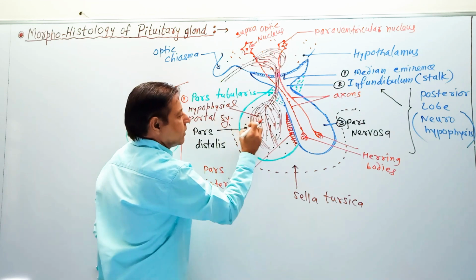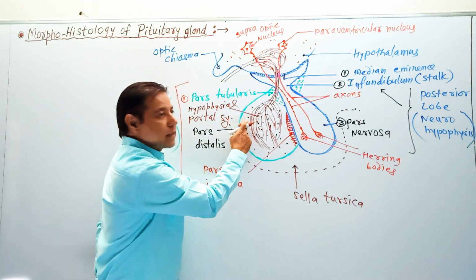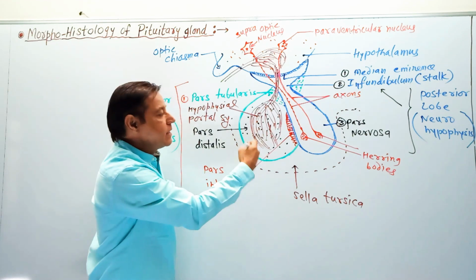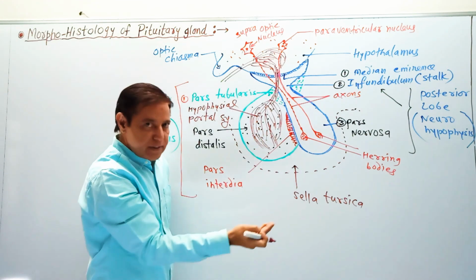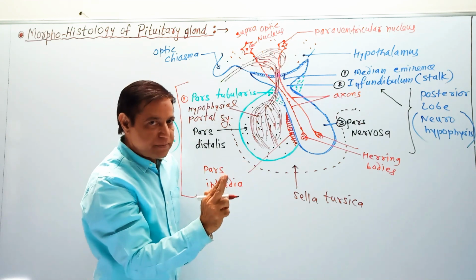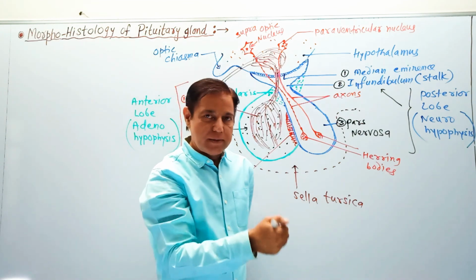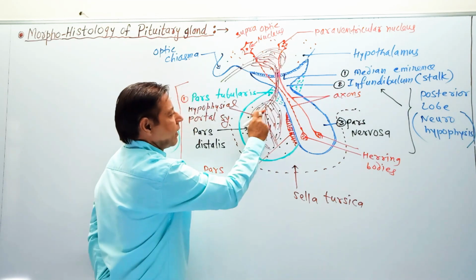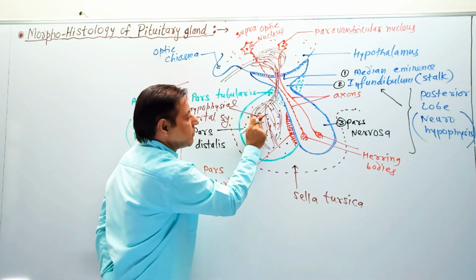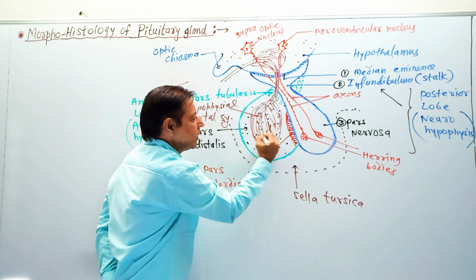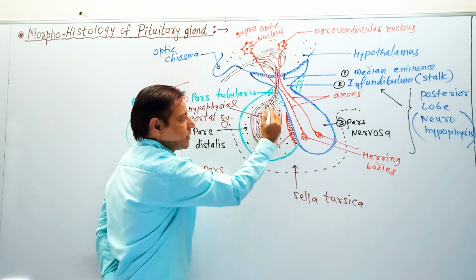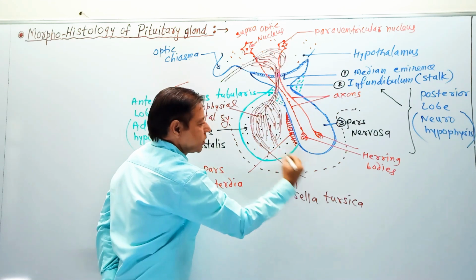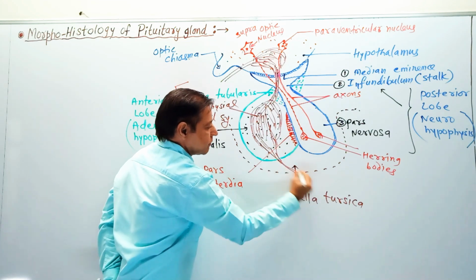the endocrine cells of the adenohypophysis, that is, chromophils. Chromophils have two types: acidophils and basophils. These are the endocrine cells secreting about 6 hormones, and these hormones are discharged into the hypophyseal portal system, the blood vessels of the portal system, and thereafter brought out from the anterior lobe.